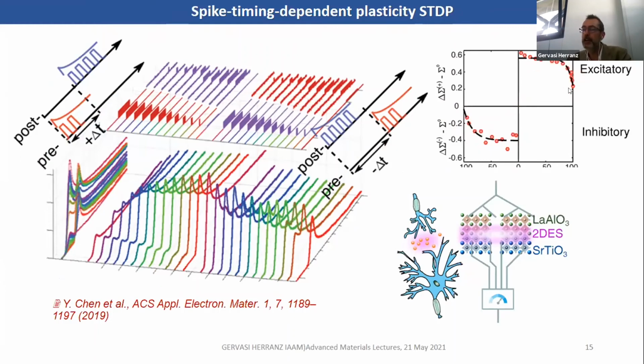But here, the interesting thing is that this is not done electrically. This is done by optical means. So we can think about this conductance of the quantum well as a kind of synapse whose strength can be varied by the time order of optical pulses and their wavelength.